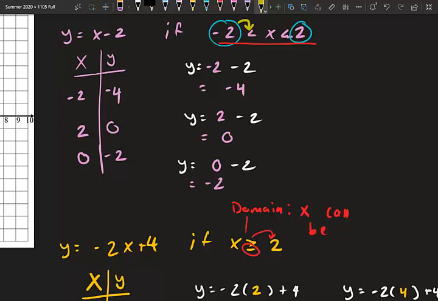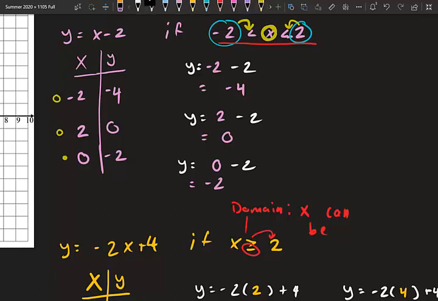Since there is no line underneath, open circle. With positive 2, the sign next to it has no line underneath. Since that is the case, it's an open circle. Now we're going to plug in 0. 0 is in between -2 and 2. So since that is a true statement, closed circle.